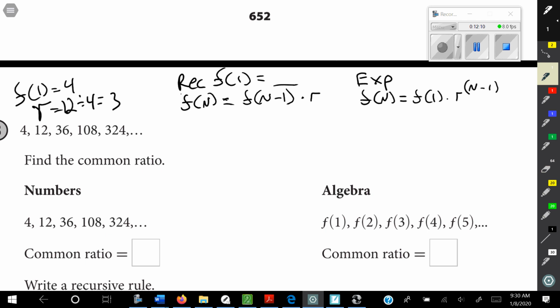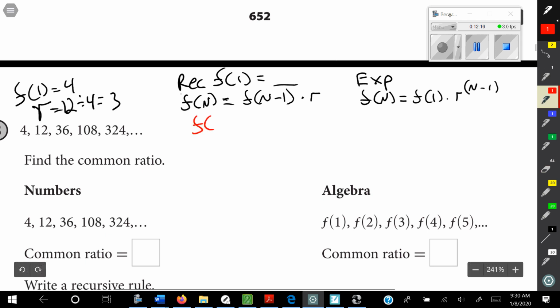Okay, and I'm just going to write those in for the recursive rule. f of 1 is equal to 4. f of n is equal to f of n minus 1 times 3.